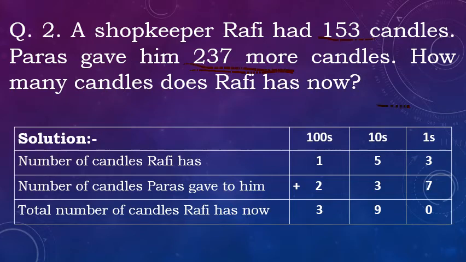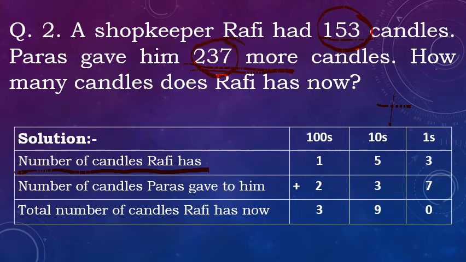So again what we need to do here? We need to add. How to frame a statement again? So what is 153? That is number of candles. Number of candles what? Rafi has. So number of candles Rafi has is 153. What is 237?